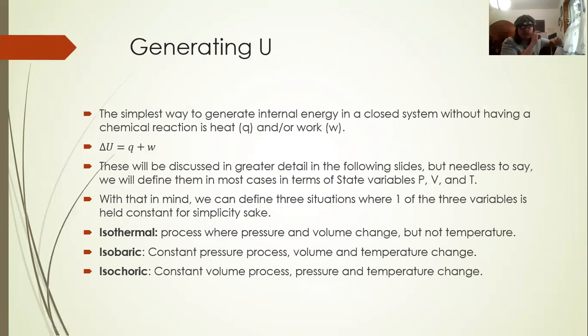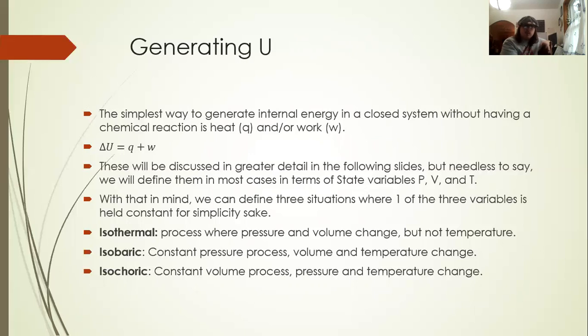So when it comes to generating U, there's lots of different types of energy you can look at. The two most common ones we will look at are having to do with heat and work from the chemical reactions. Heat and work. So Q is heat and W is work.